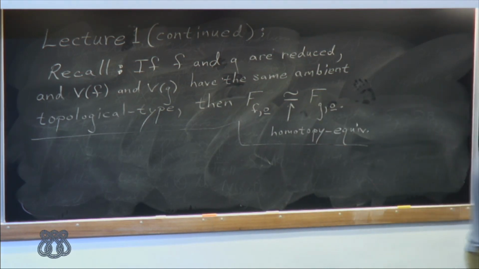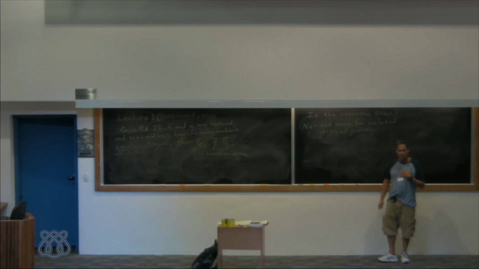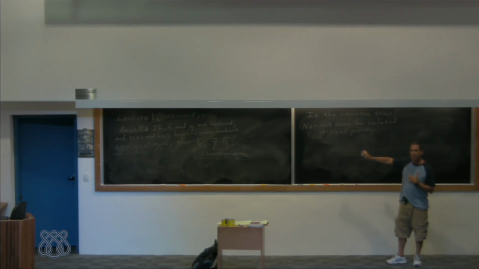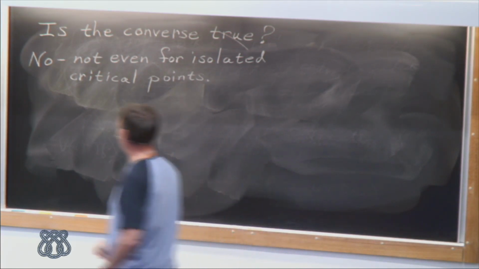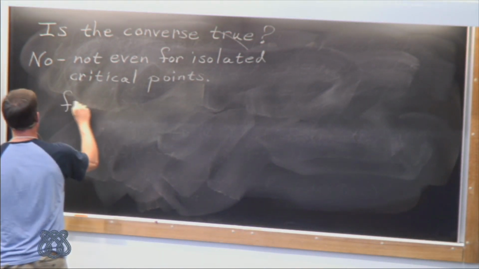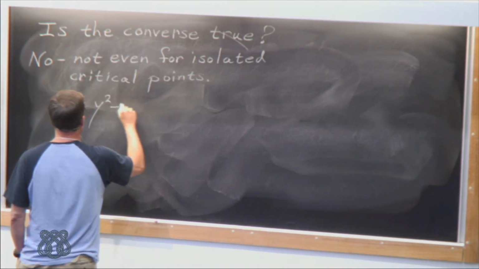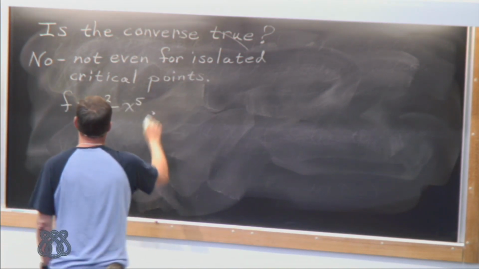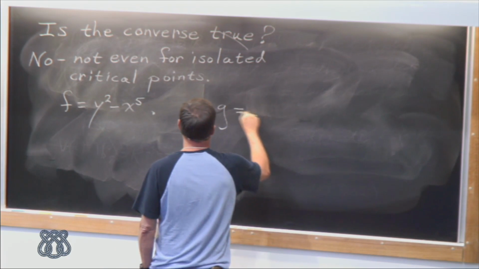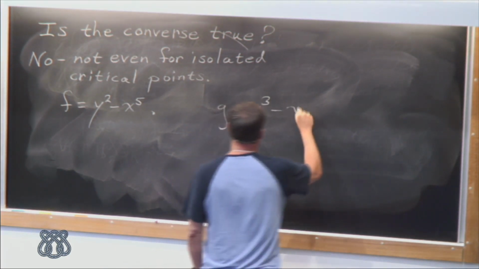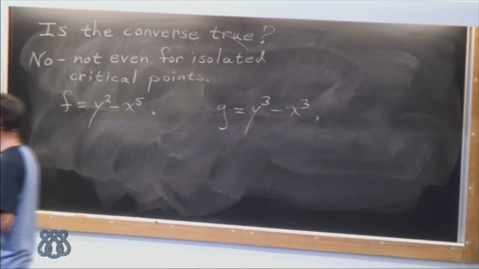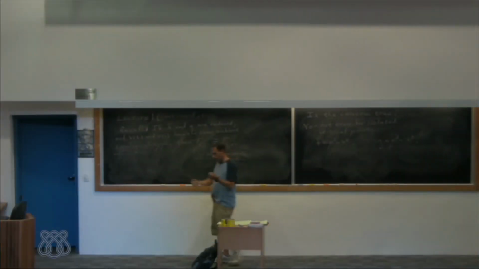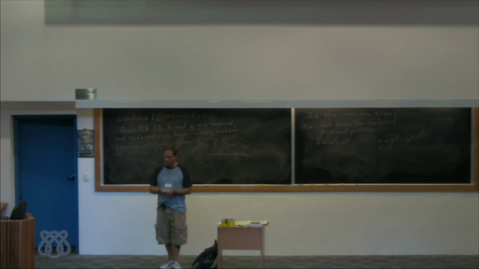No, not even for isolated critical points. And like my students at Northeastern, I know that you know this already because you did the homework. You did the exercises. If you take f equals y squared minus x to the 5th, and you take g equals y cubed minus x cubed, the Milnor numbers completely describe the homotopy type of the Milnor fiber.